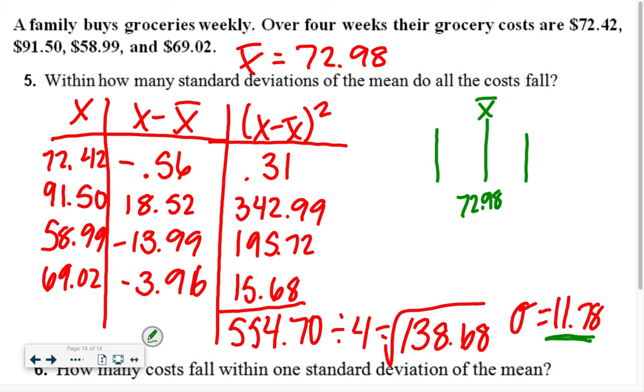You're using your standard deviation. Add to get the high one, subtract to get the low one. Anybody got those values? 84.76, 61.2.